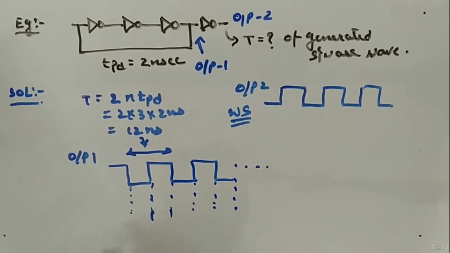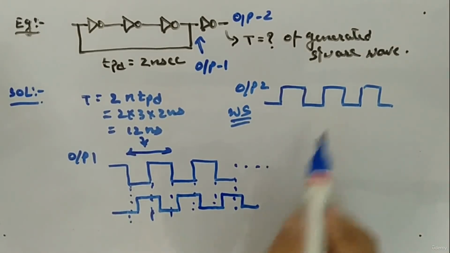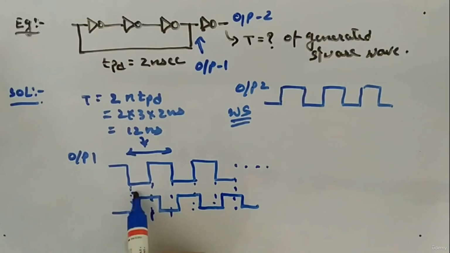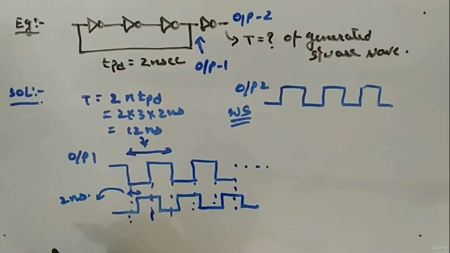Here you will see this one will be 0, but there will be a 2 nanosecond delay before it changes state, then again like this, like this, like this. It's the same signal, but here you can see there is a delay of 2 nanoseconds because of the propagation delay of this NOT gate.